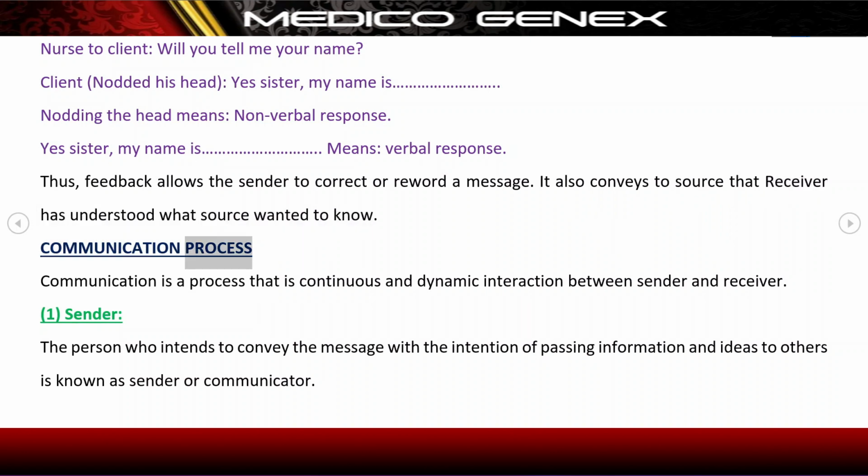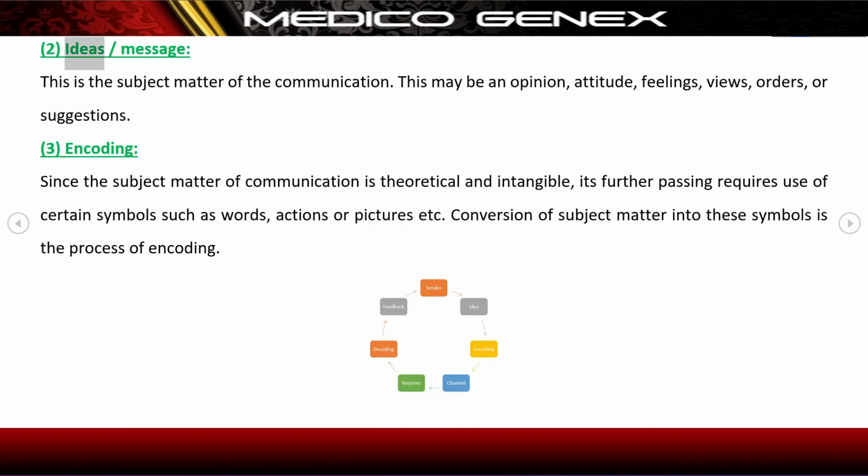Communication process. Communication is a process that is a continuous and dynamic interaction between sender and receiver. 1. Sender. The person who intends to convey the message with the intention of passing information and ideas to others is known as sender or communicator. 2. Ideas/message. This is the subject matter of the communication.